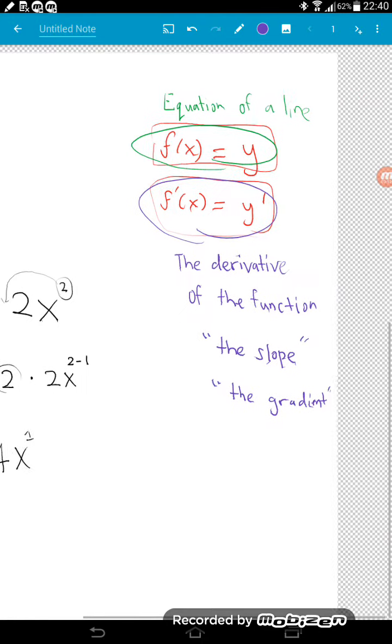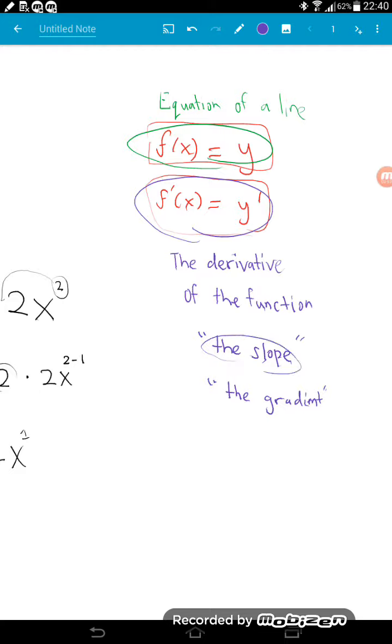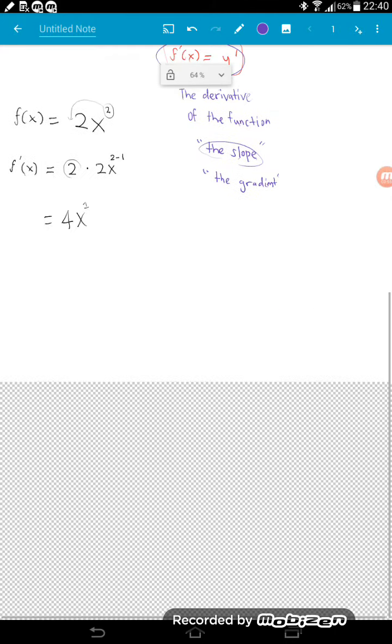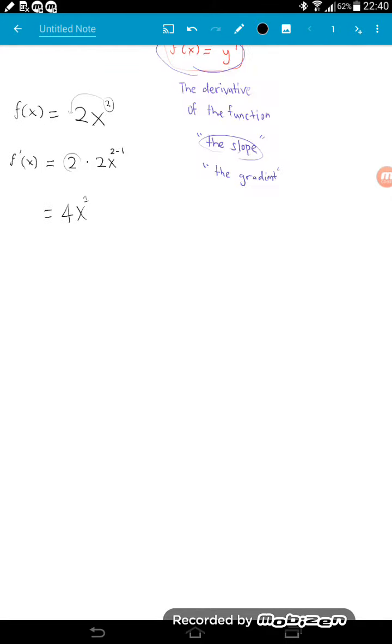But a lot of people know the slope more than the gradient. So let's go to the next question here.